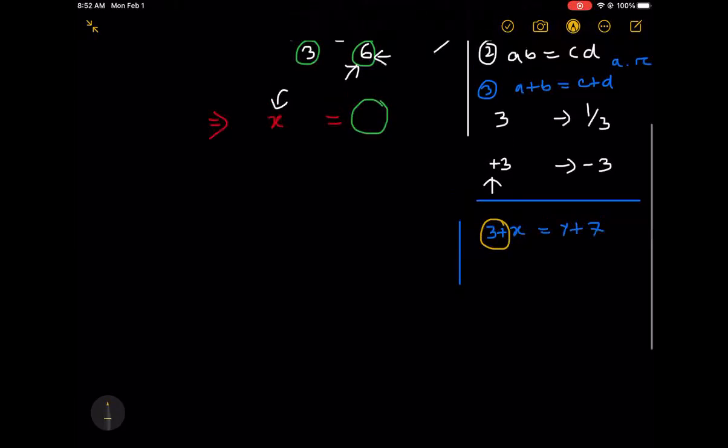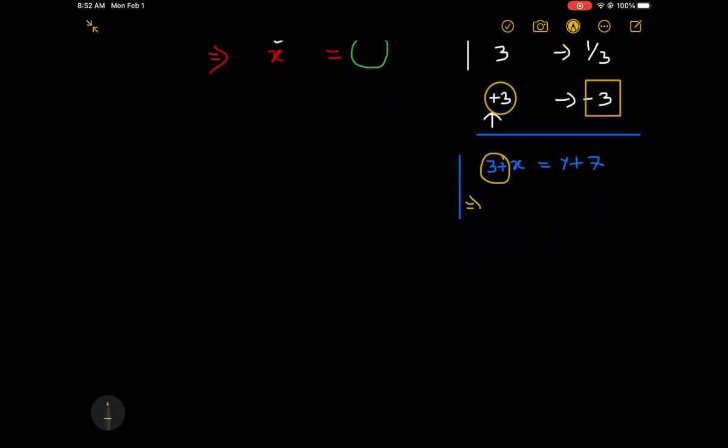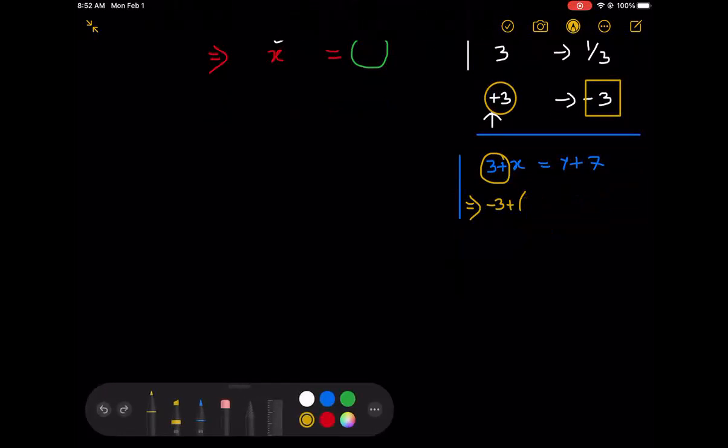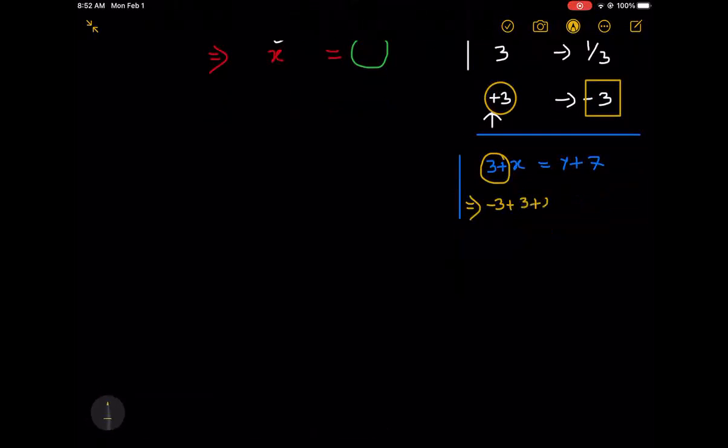As I said, if we have a +3, then we can use -3 to nullify that, to get rid of that. So if I do that, let's not use the parentheses here, y + 7. Okay, so now what did I do here?